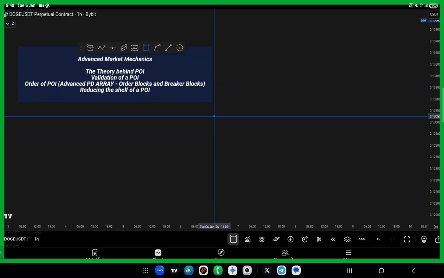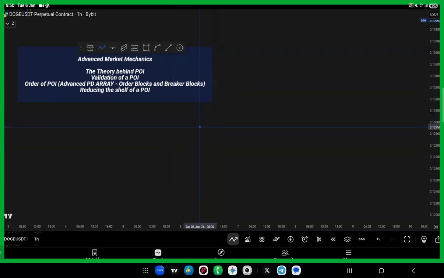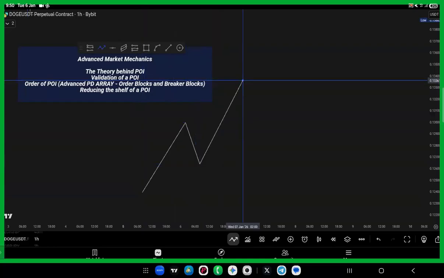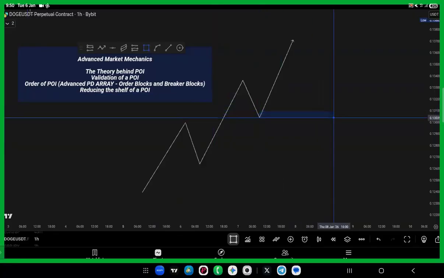So that's for that. Now, let's talk about what actually validates the points of interest. Because if you check the market, I tell you, there are a lot of them in the market. A lot. Take, for instance, in a particular market, you most likely see multiple order blocks. Using this one for example, you see your order block here.